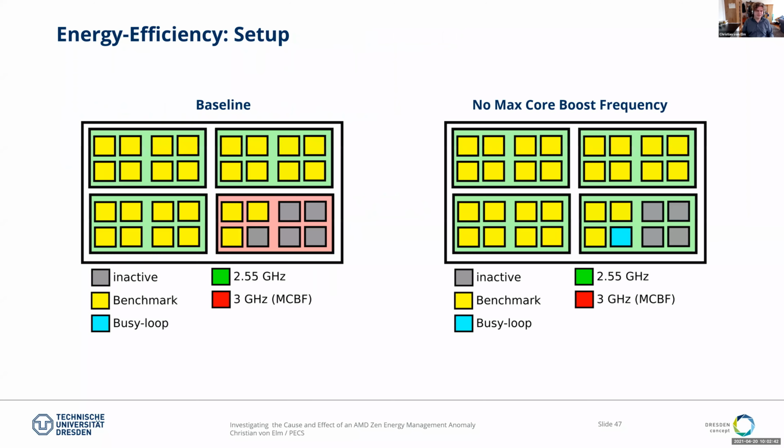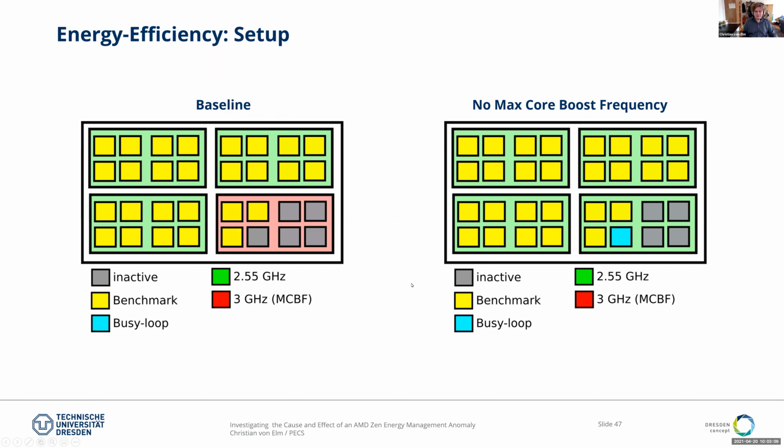The setup for this part looks like this. In both cases, the benchmark is running on the cores 1 through 27, and as you can see in the baseline, there are only 3 cores active in that NUMA node, meaning that those 3 cores have a frequency limit of 3 gigahertz.